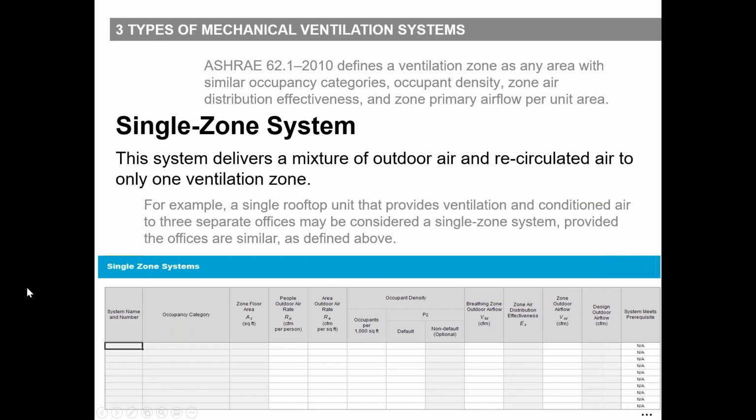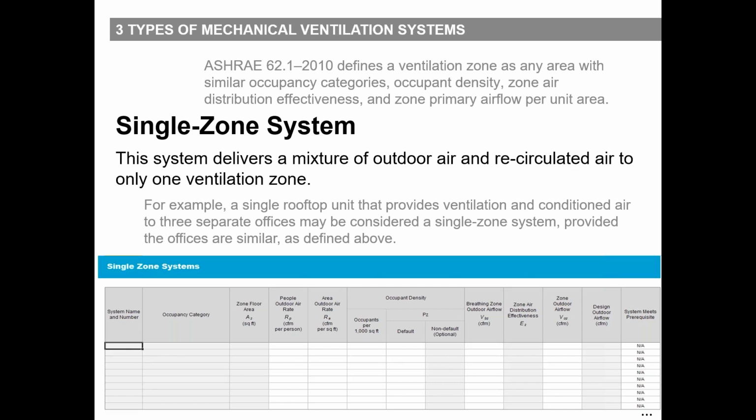So this is some good information when we're looking at ASHRAE 62.1. There are 3 different types of mechanical ventilation systems. This is good information to know either when you're looking at your own building or studying for the test. The first one we're going to look at is a single zone system. When you're thinking about a ventilation zone, we'll see that a few times looking at these ventilation systems.